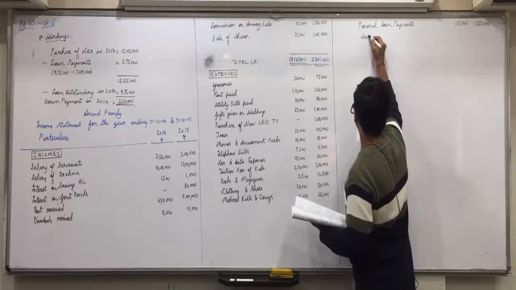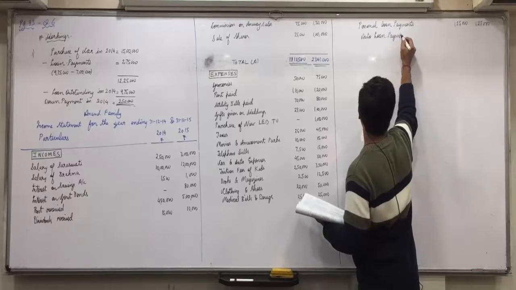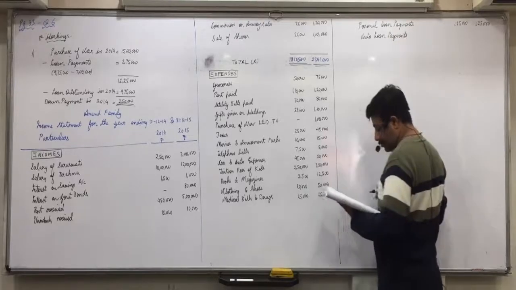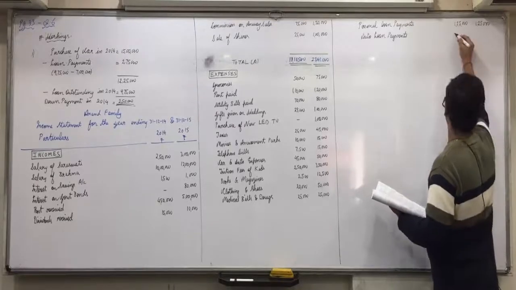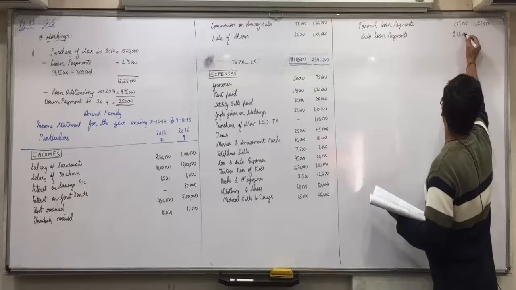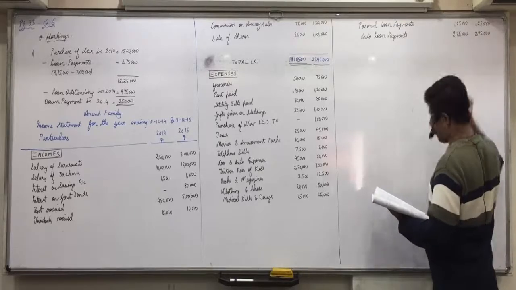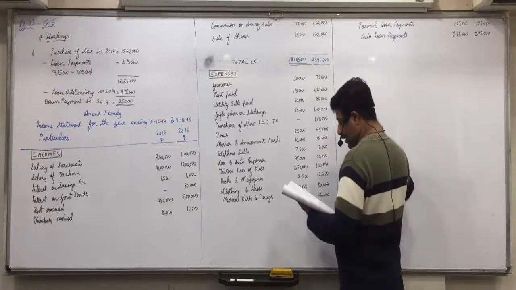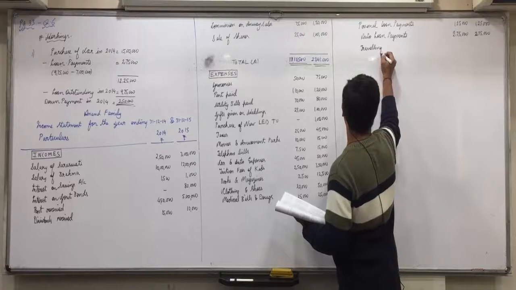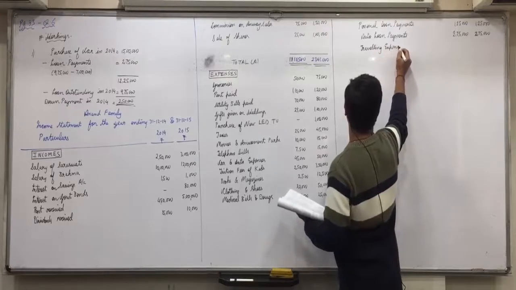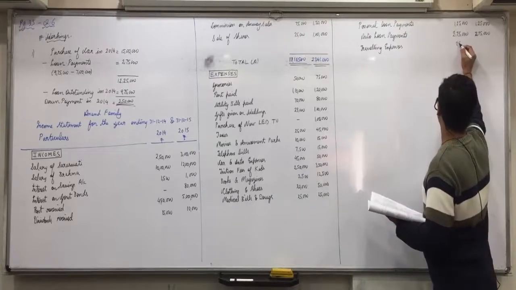Auto loan payments 2,75,000, 2,75,000. Traveling expenses 25,000, 20,000.